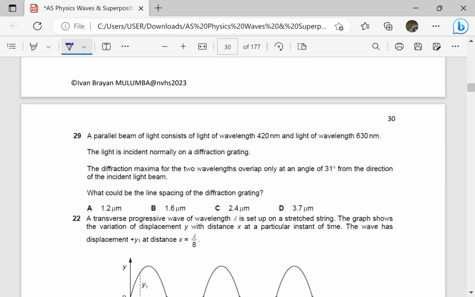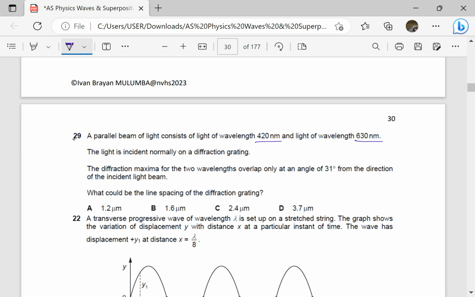A parallel beam of light consists of light of wavelength 420 nanometers and light of wavelength 630 nanometers. The light is incident normal on a diffraction grating. The diffraction maxima for the two wavelengths overlap only at an angle of 31 degrees from the direction of the incident light beam. What could be the line spacing of the diffraction grating?